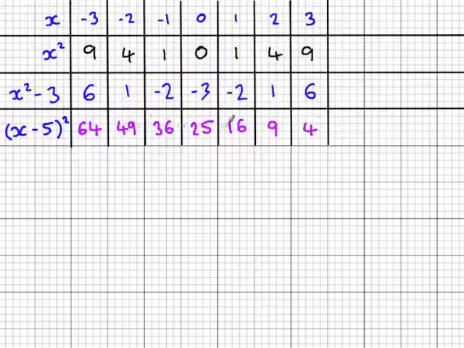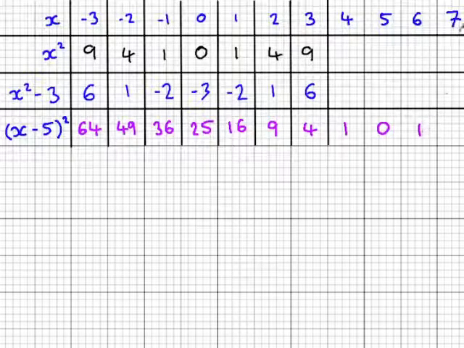Now it seems we haven't reached a turning point yet, so I'm going to add a few more x values. 4 take 5 is -1, square that to give 1, 5 take 5 is 0, 6 take 5 is 1, square that to give 1, 7 take 5 is 2, square that to get 4.